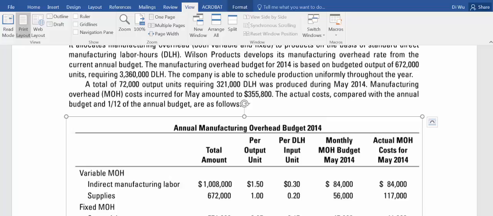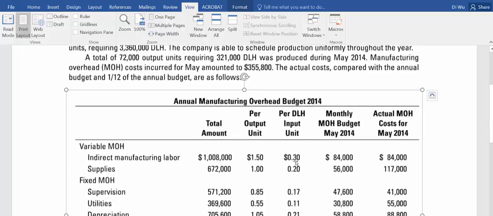So the next question: how to find the budgeted rate, basically the cost per direct labor hour. It's pretty straightforward. Because we're looking for budget, you read this table and focus on the variable MOH only. There are two components, indirect manufacturing labor and supplies. So we can add these two components, 0.3 and 0.2.